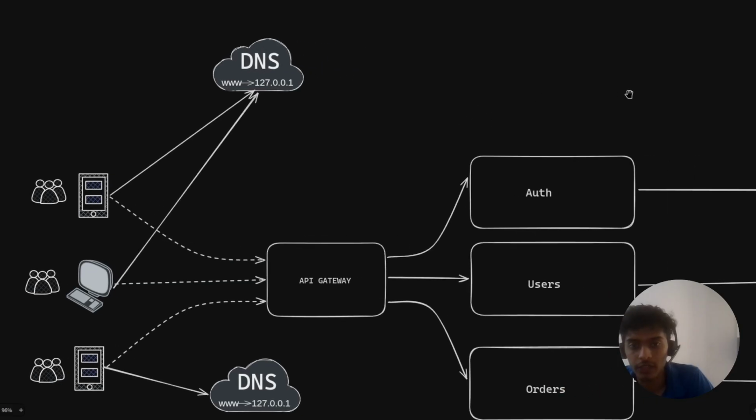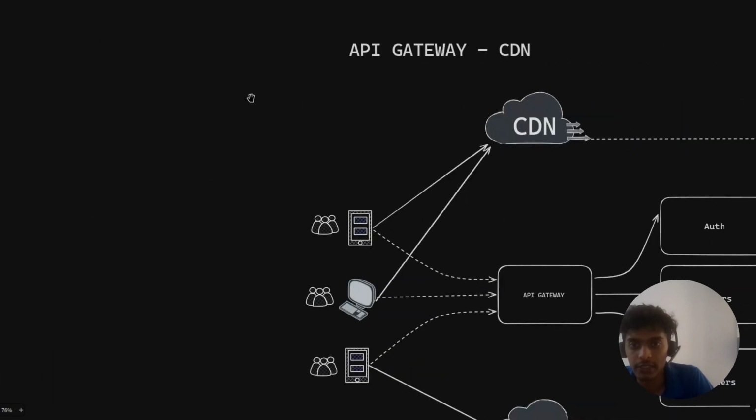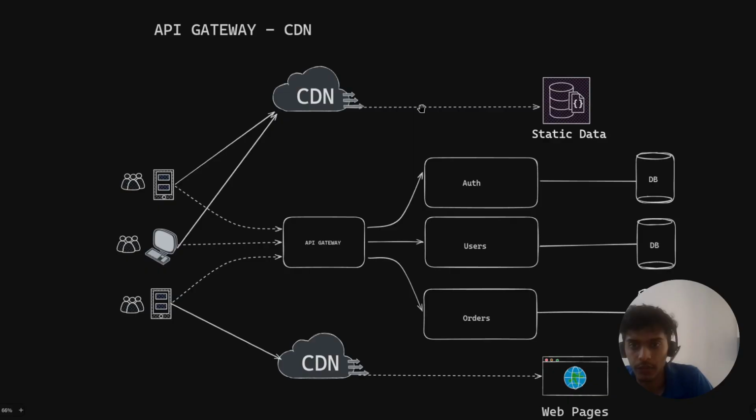Now, if the request is for static content or a cacheable API response, like images, videos, or any of that sort, it is served from the CDN. This can handle up to 80 to 90% of read traffic without even hitting your origin. The non-cached requests head to the load balancer, an L4 or L7 load balancer.